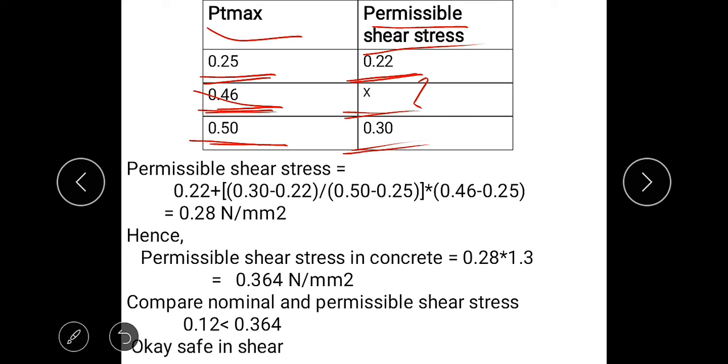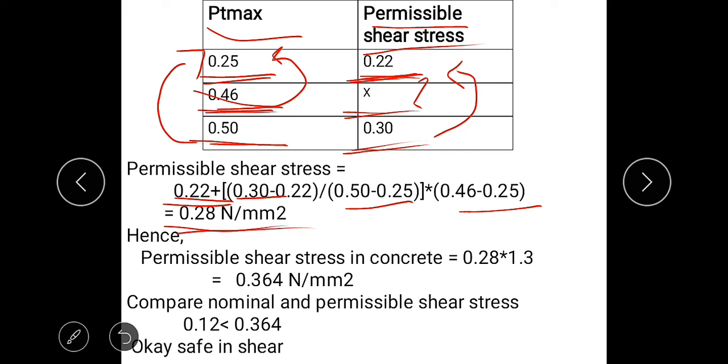So the permissible shear stress formula is here: 0.33 minus 0.22, divided by 0.50 minus 0.25, into 0.46 minus 0.25, plus 0.22.